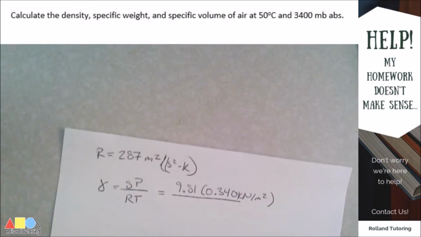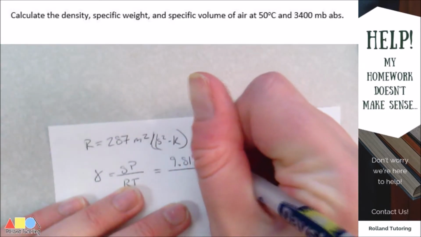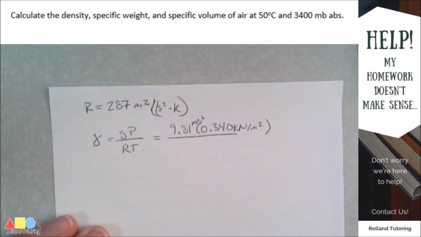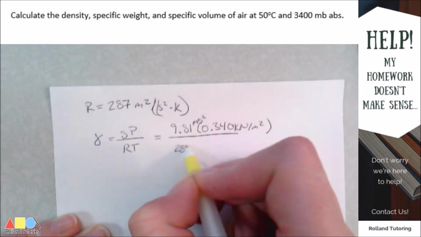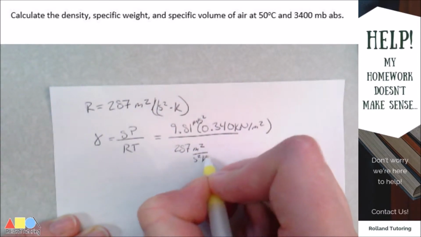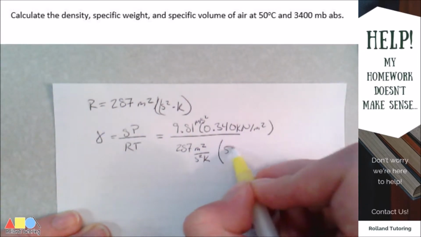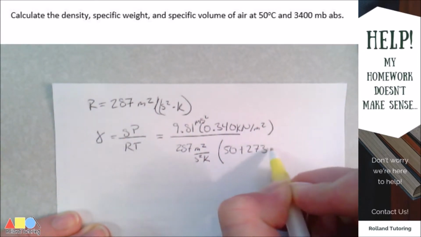And our 9.81 is in meters per second squared. Just in case you need those, our R, we have 287 meters squared per second squared degree Kelvin times degrees Kelvin, which is 50 plus 273.